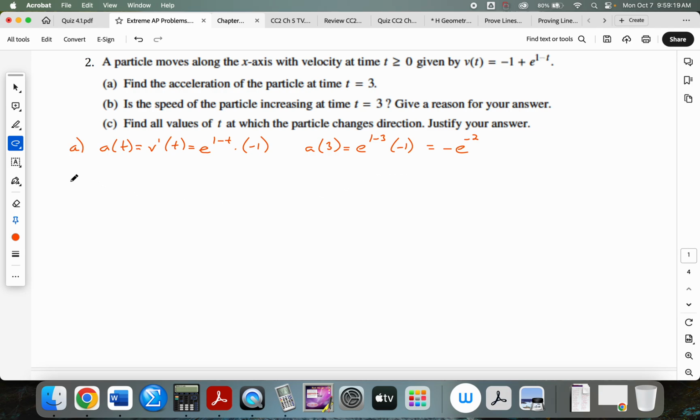All right, part B, is the speed of the particle increasing at time t equals 3? Give a reason for your answer. We haven't really talked about this yet, at least I don't think directly, but speed is increasing when velocity and acceleration have the same sign.